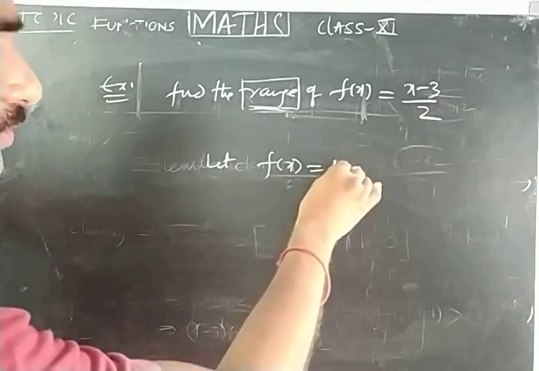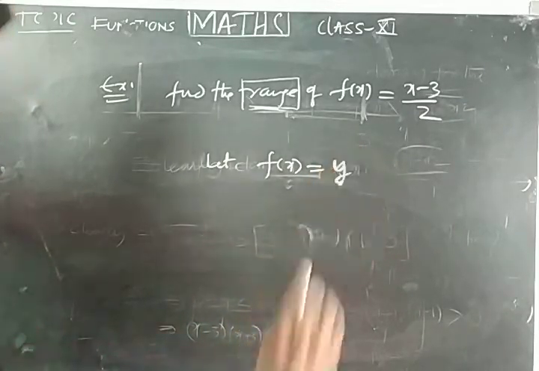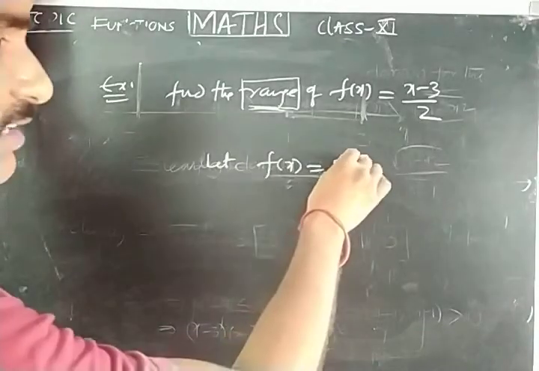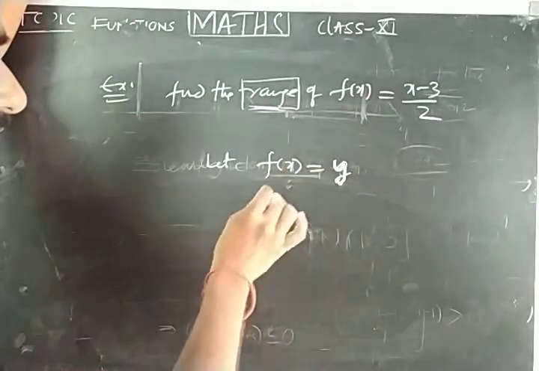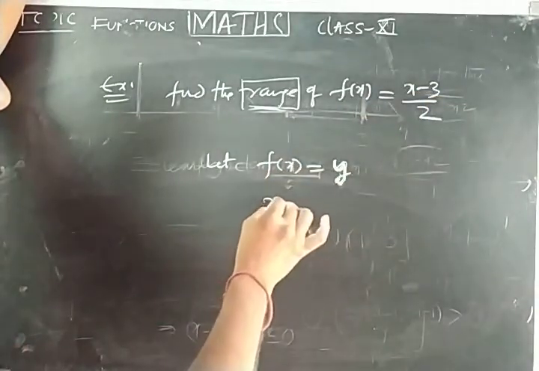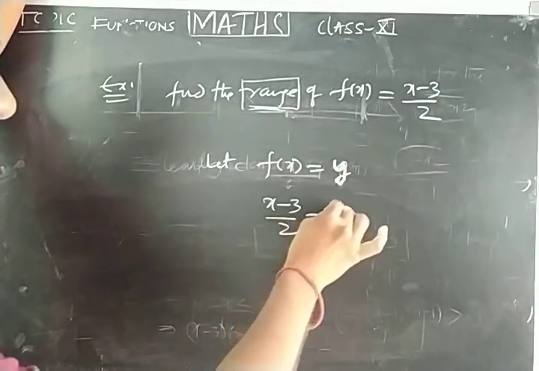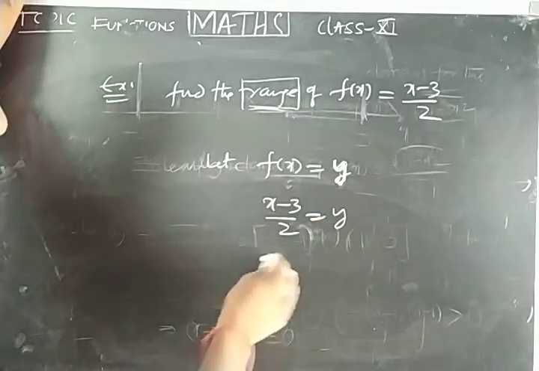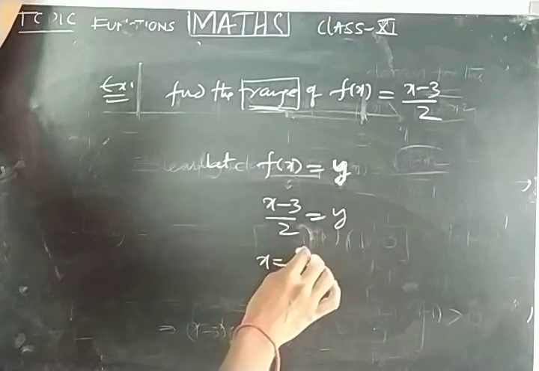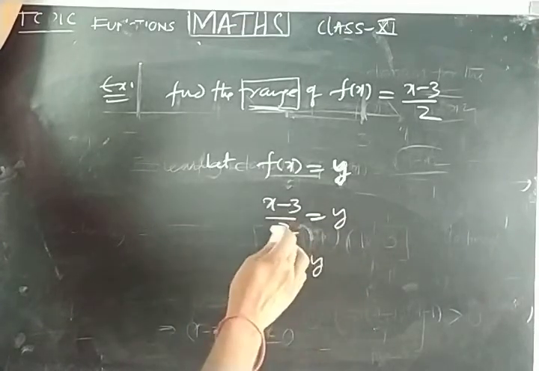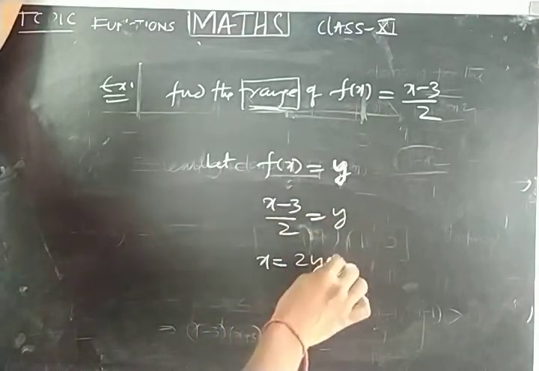I have to find where the y values lie. So in terms of f of x, I am writing the definition. What is given? x minus 3 by 2 is equal to y. From this you have to find x in terms of y. So I am sending 2 to the right hand side, it will be 2y. Again, after that I will send 3 also, plus 3.